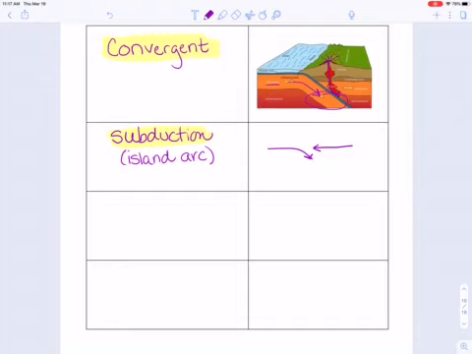With island arc, think islands, ocean, it's going to be ocean crust to ocean crust. Because they're both oceanic crust, which one will sink under? It's the one that is more dense.